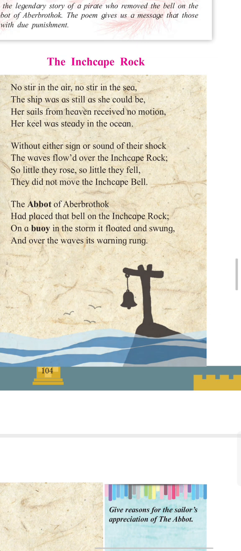Which means there was one good person, a godfather from Aberbrothok, who decided that if he placed a bell on the Inchcape Rock, he could save the lives of many people. So he placed the Inchcape bell there. Whenever the waves floated, the bell would ring, and when the bell rang, whichever ships were going by would get the indication and save their lives.